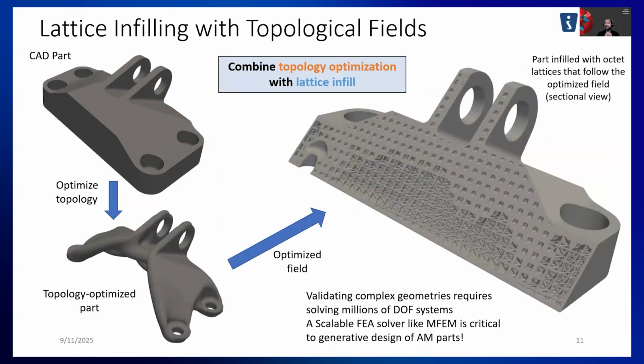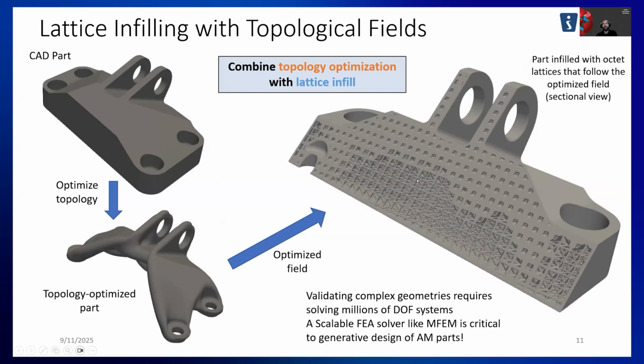I showed how you can do topology optimization. I showed how you can do field-driven lattices. Now in this workflow, you can combine them both. Take the geometry, do standard topology optimization, and then you get this topology optimized part, right? Now you can create a workflow where you have really thick lattices, almost solid, at regions where the topology optimized part has material.